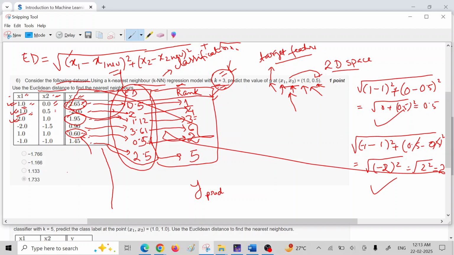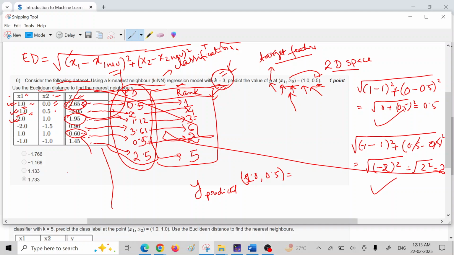To find the predicted y value for the given data point 1.0, 0.5, what will be the y value?